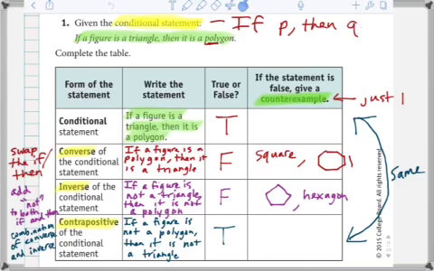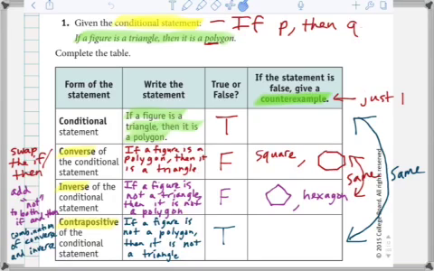In the same way, the inverse and the converse will also have the same truth value. It is entirely possible that they're all true or that they're all false, but whatever the conditional statement is, that's also what the contrapositive will be, and whatever the converse is, that's also what the inverse will be.